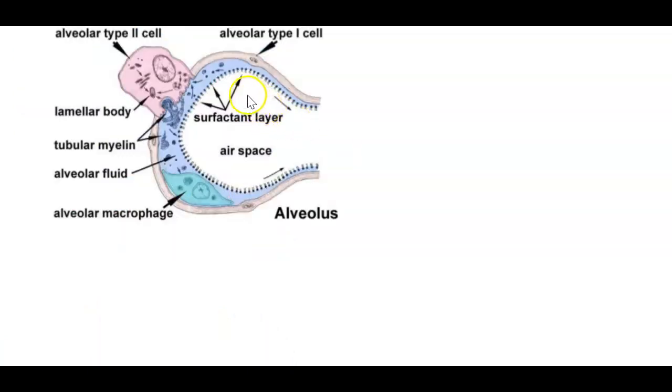Air is mostly nitrogen. Nitrogen helps keep the sac open. So breathing pure oxygen can actually collapse your lungs over a period of time. But we also have a chemical called surfactant layer that is essentially a bubble. It is a bubble of soap, and this soap bubble keeps the alveolus open.